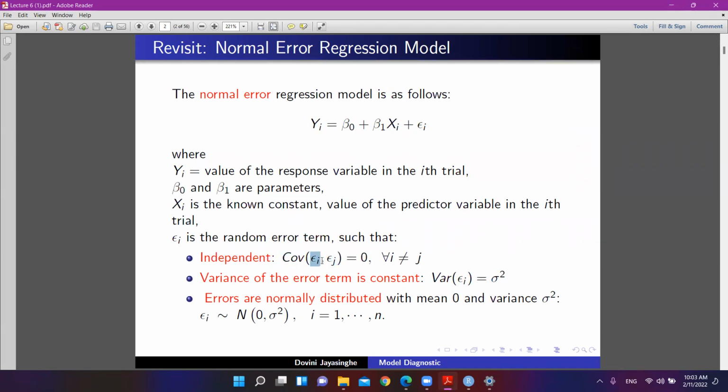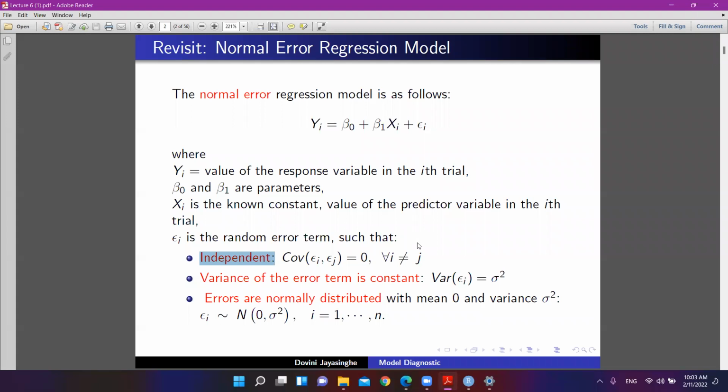Covariance of epsilon i and epsilon j means the relationship between the ith and the jth error terms should be 0 for all i not equal to j. So if we take the error of the first observation and the error of the second observation, those two errors should not be correlated. That is how we check the independence of observations.